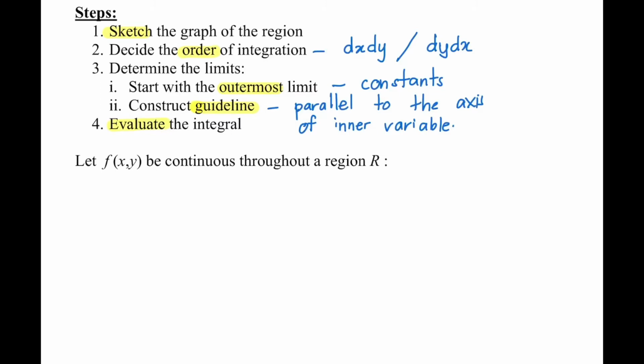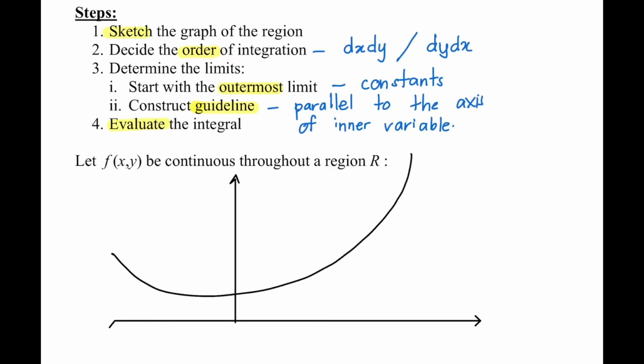Alright, so bear with me. Let's say we have a graph on the xy plane. Let's say I have a function g here, so this is curve g, in terms of xy, and I have a straight line there.